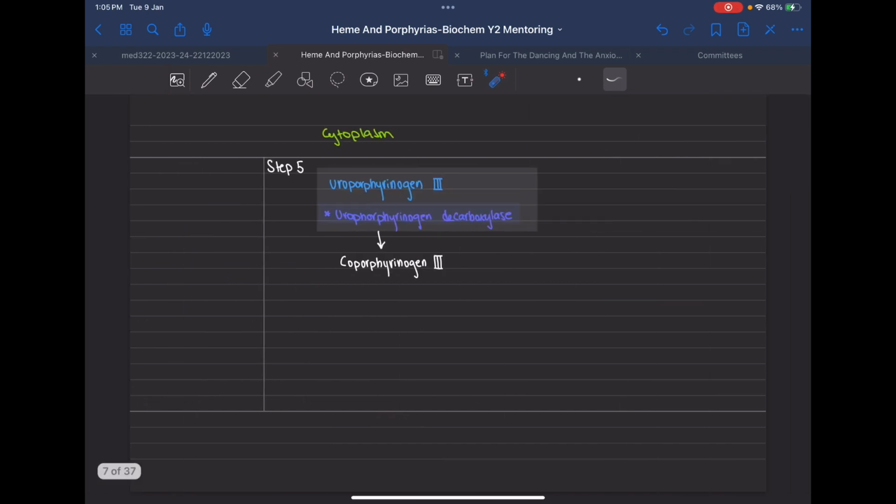Okay, moving on. So step 5, we're still in the cytoplasm, meaning that this is another cytoplasmic enzyme. So we've gotten our uroporphyrinogen 3. In the presence of uroporphyrinogen decarboxylase, we're going to get coproporphyrinogen 3.